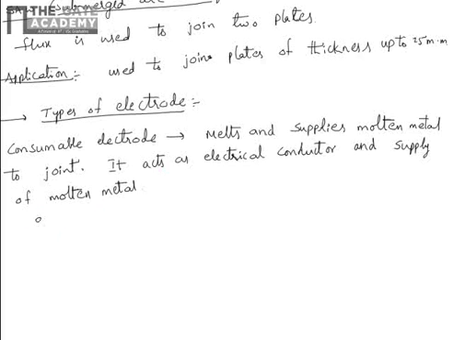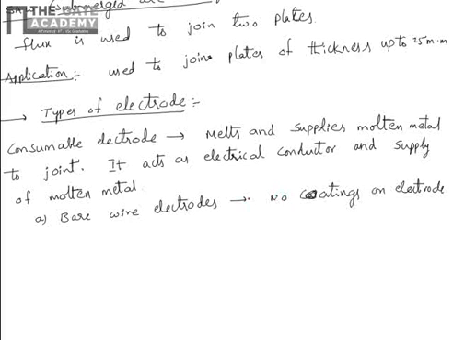In consumable, there are again two types. One is bare wire electrodes, which means no coatings on the electrode. Another one is coated electrodes. Next one is non-consumable electrode.